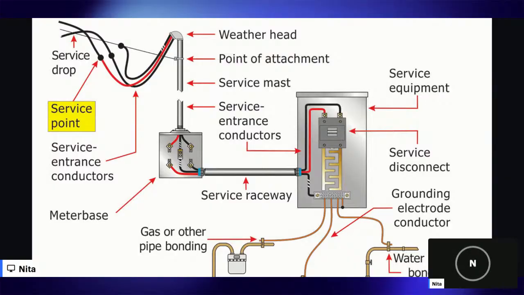Your 240 volt is going to be for your dryer if you have an electric heating dryer, your air conditioner, and an electric water heater. Those rely on the 240 volt. So to recap, voltage represents what?